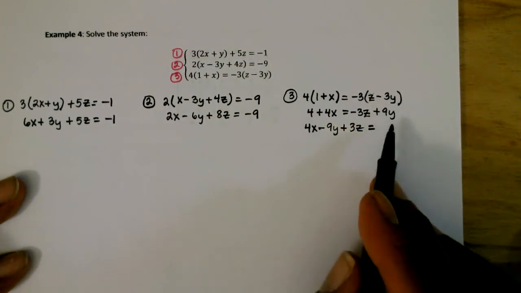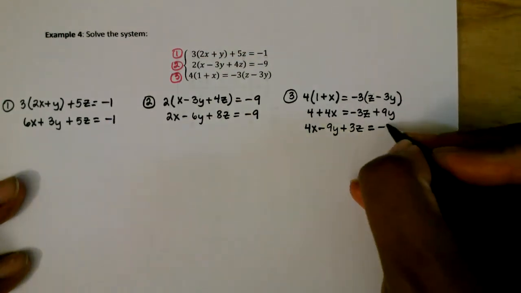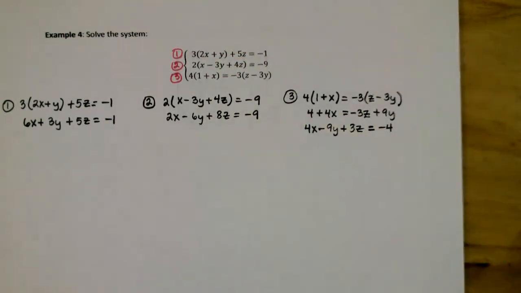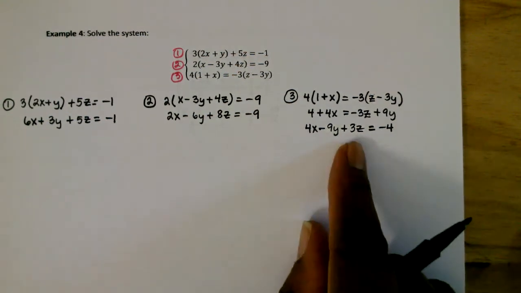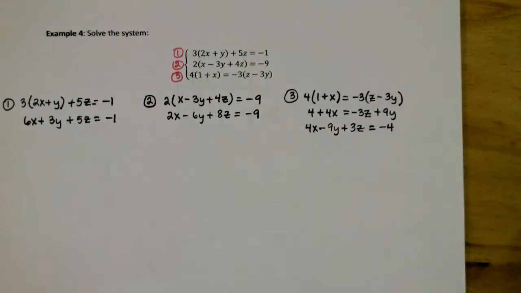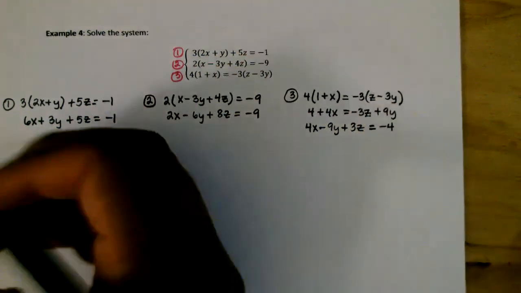If I move that over to the right side, it's going to be negative 4. Okay. So here I'm just manipulating terms over to the opposite side in a way so that the x, y, and z are on one side, the constant term is on the other side. So these are my new equations for this system.